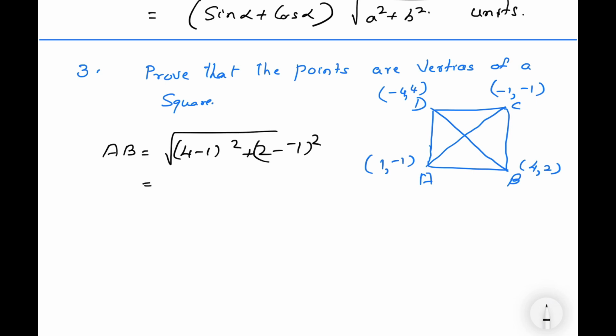So 3 squared is 9, plus again 3 squared, 9. 2 minus minus 1.